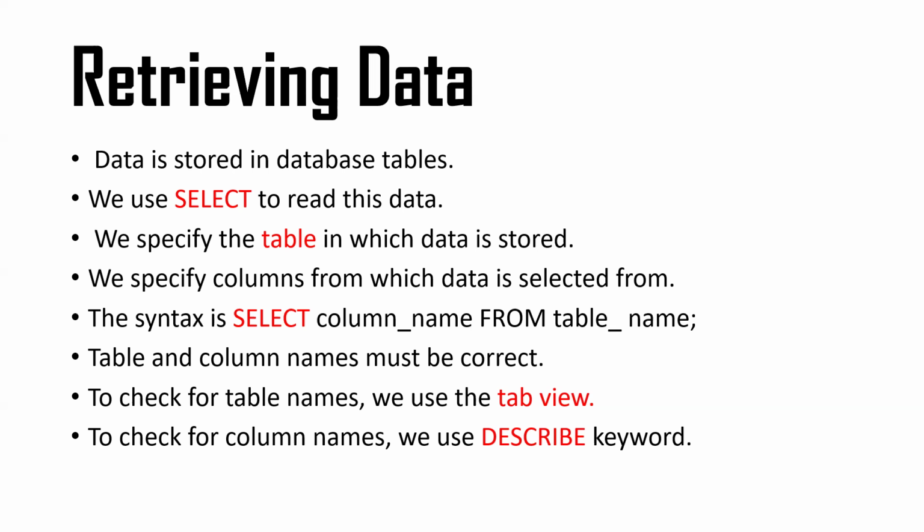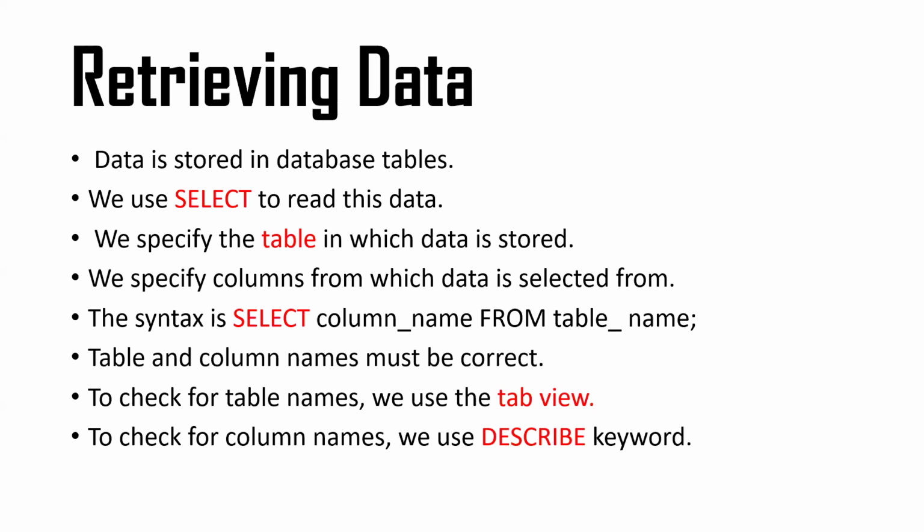Okay. And then we say that the table names and column names must be correct. To make sure that the table names and the column names are right, you can use a view known as the tab view.